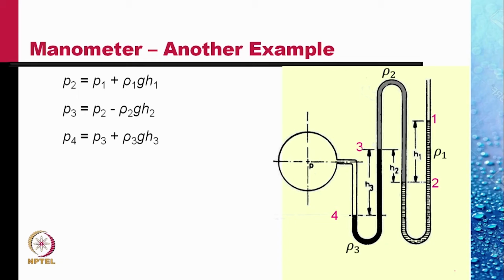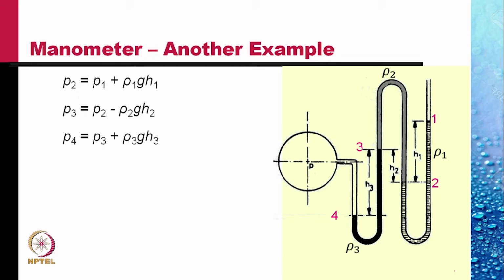In the second limb from the right, the pressure at the level 2 is the same as P2. And so the pressure in this middle limb at a level of point 3 would be the same as the pressure at 3.